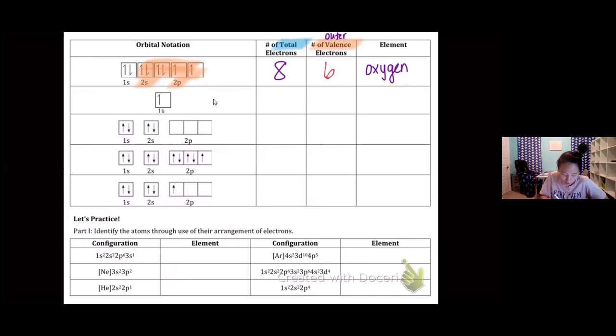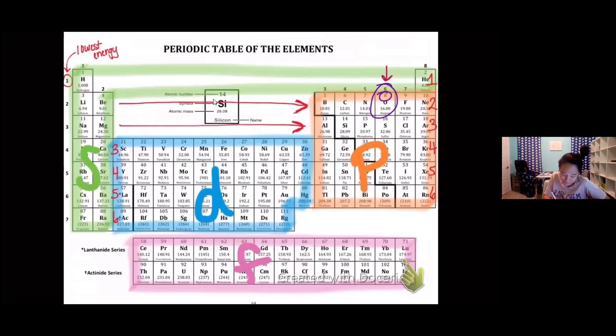So you would ignore the lower levels and just count that there are 6. The easiest way is to just look at the column number. So for example, let me just do the bottom one down here. This one has a total of 5, right? Total electrons, there's 5 arrows. So right here, 5 must be boron, right?